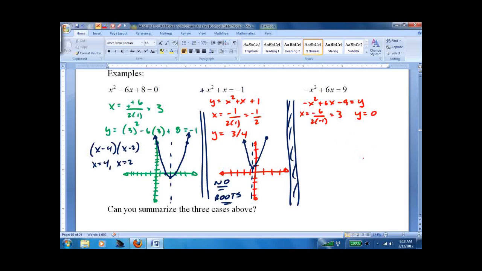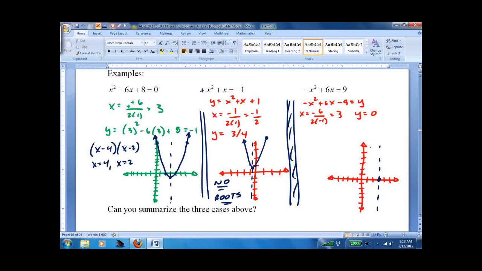This one, there we go. Axis of symmetry out here at 3.